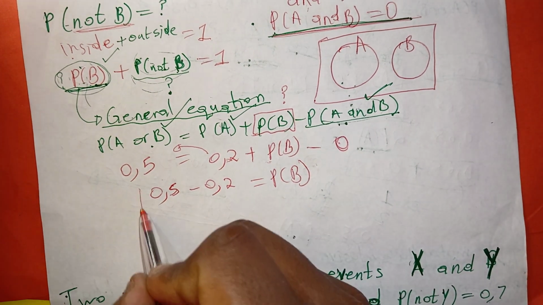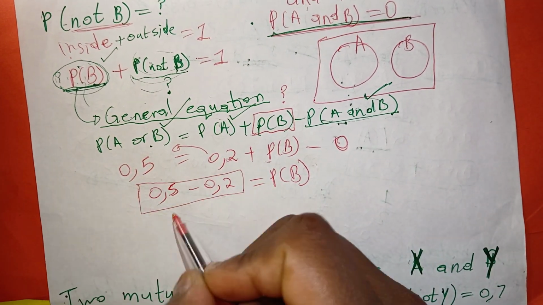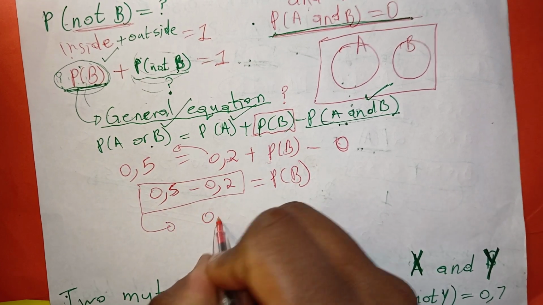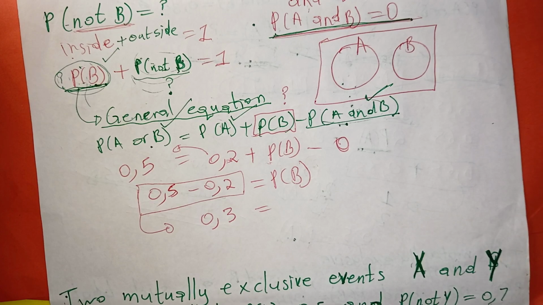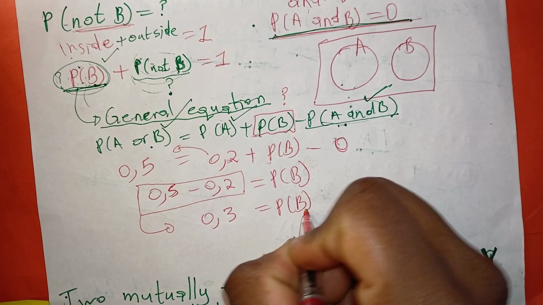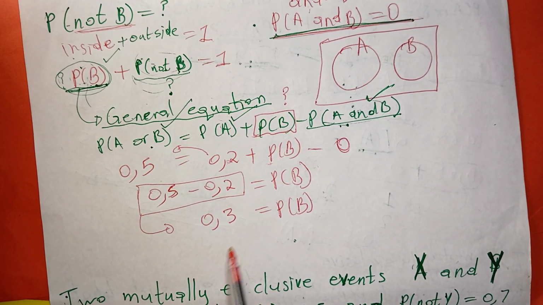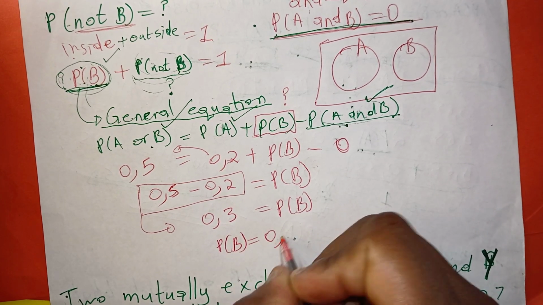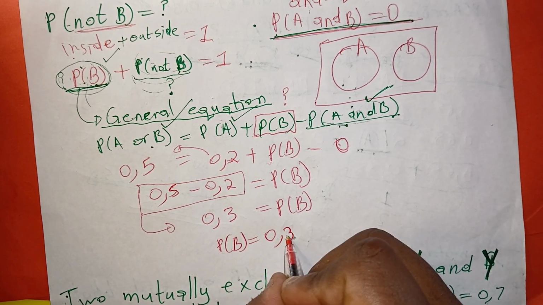So now these two things combine, and when they combine, you will see they give us 0.3. It's equal to PB.